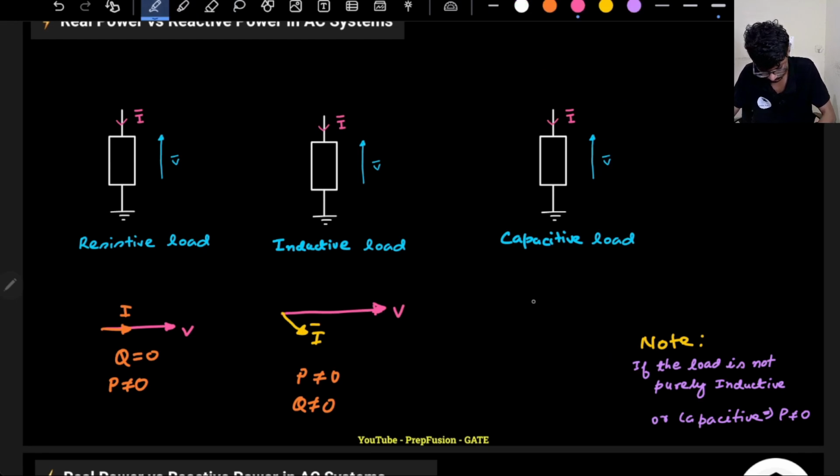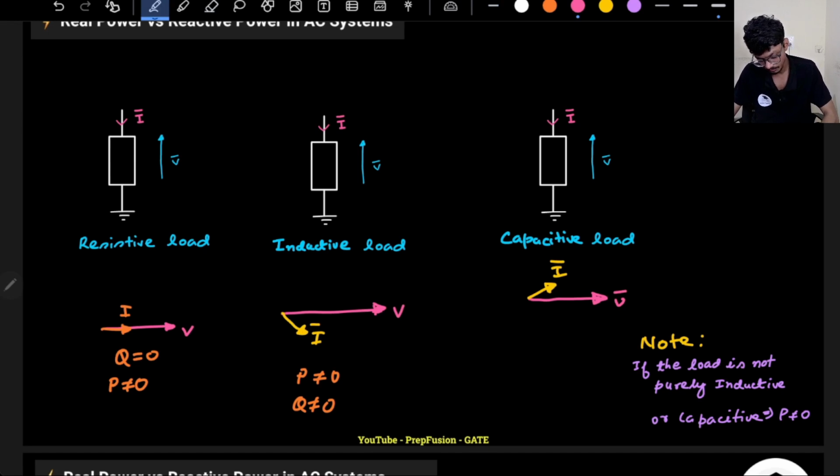For a capacitive load, the current will lead the voltage. That is what will happen for a capacitive load.